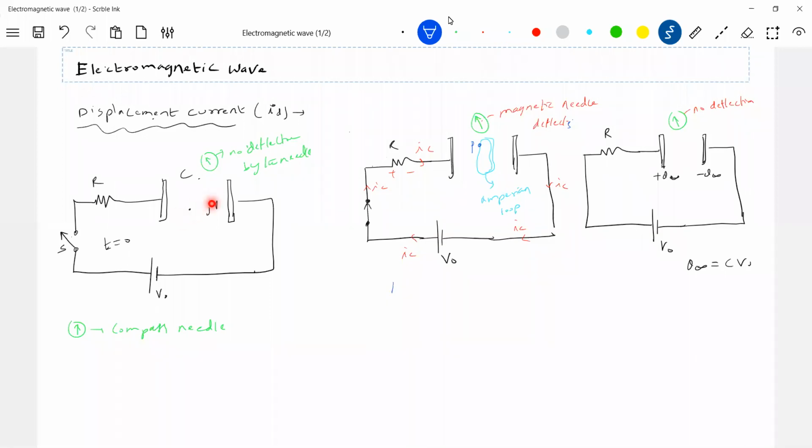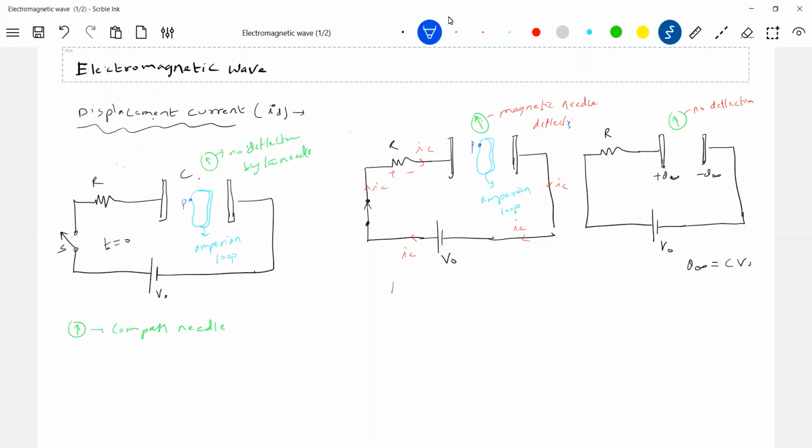So here also there's the Amperean loop. So this is the Amperean loop. What is the magnetic field at point P in the first diagram? B_P is 0, no?